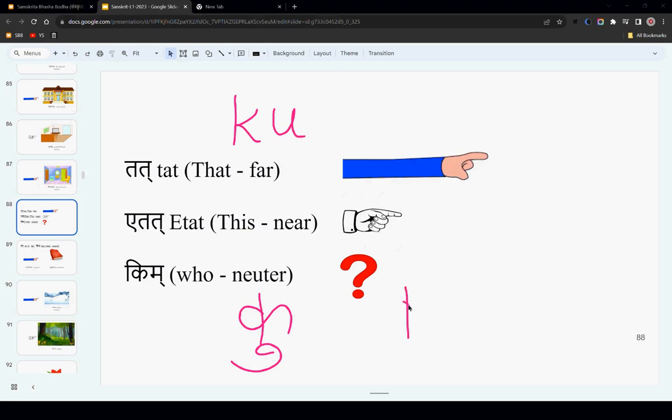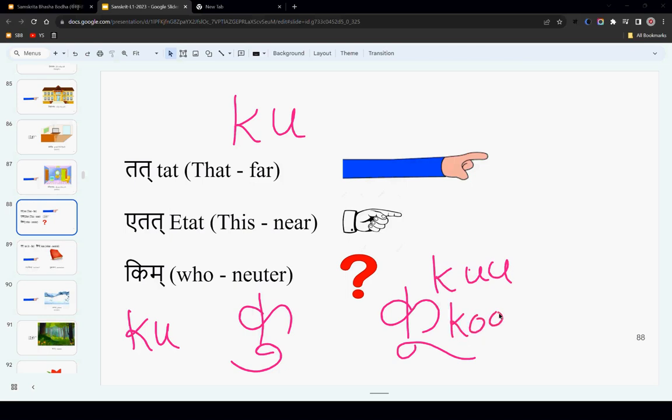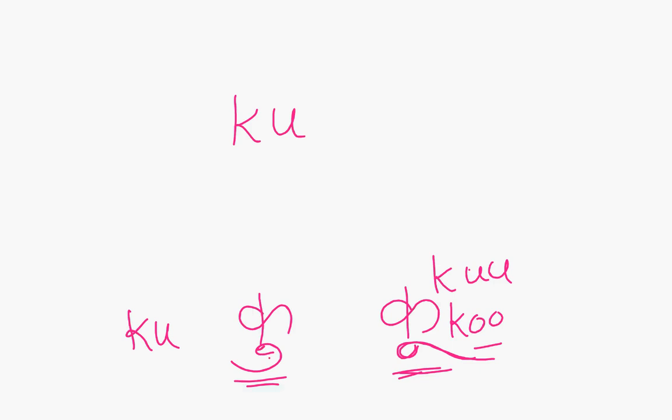Are you asking about the short ku and long ku? Yeah. The short ku is written like this, and the long one is at the bottom, like this, in a different direction. And starting the u, from which point, in which direction? Yeah. Okay.